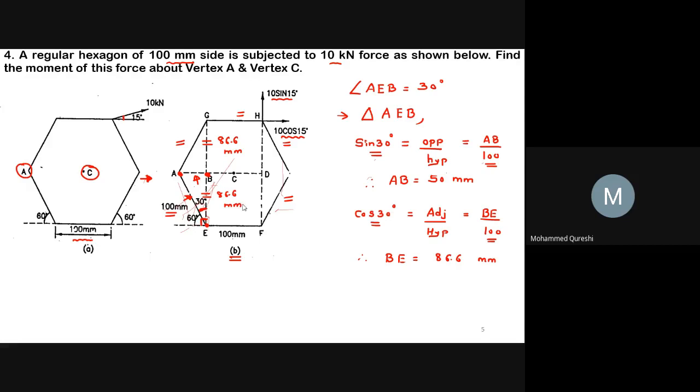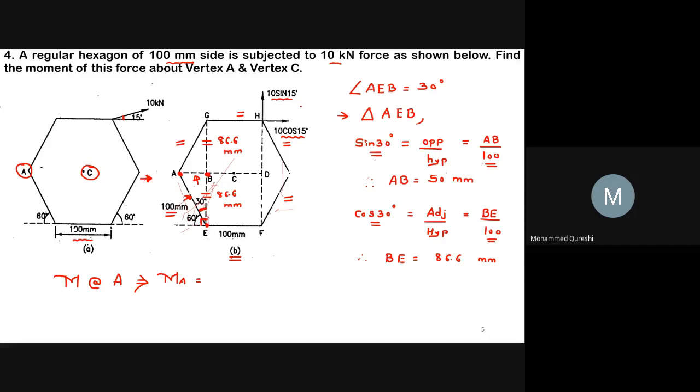Okay. Now we will go for first parameter, that is moment about vertex A, that is MA equals, here we have two forces. First force is 10 cos 15 and second force is 10 sin 15.